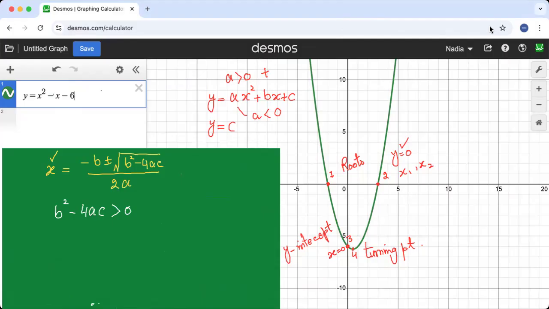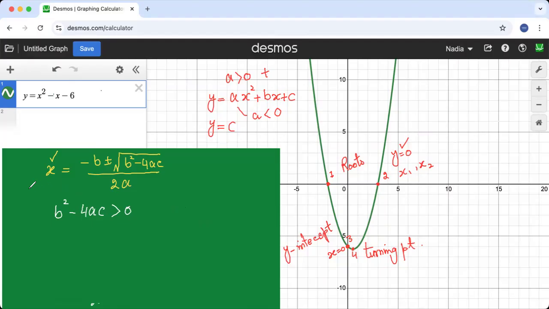Two values of root means the parabola is crossing the x-axis at two different values of x. This b square minus 4ac is the expression which tells us the nature of our roots.